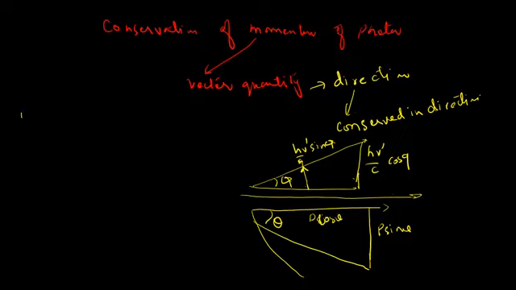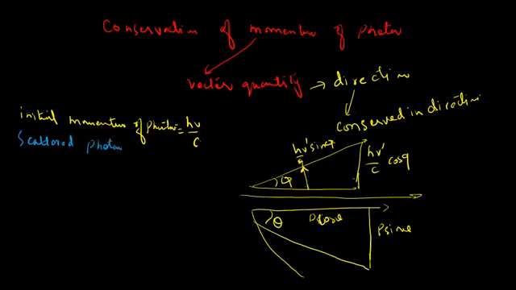So we consider that the initial momentum of the photon is equal to h mu by c, the scattered photon momentum is equal to h mu prime by c, and the initial electron momentum is equal to 0, as the electron was at rest, while the final or scattered electron momentum is equal to p.